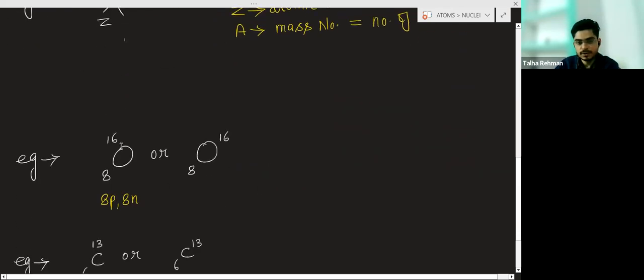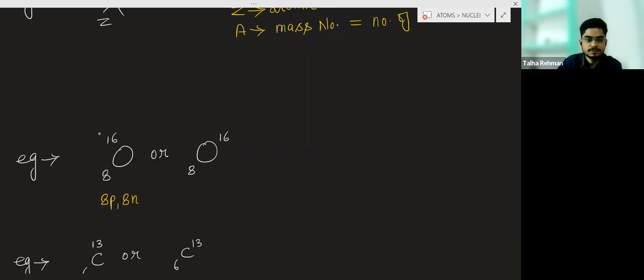For example, this is the oxygen atom. And in this oxygen atom, we want to calculate the number of protons and number of neutrons. So the number of protons will be the atomic number.